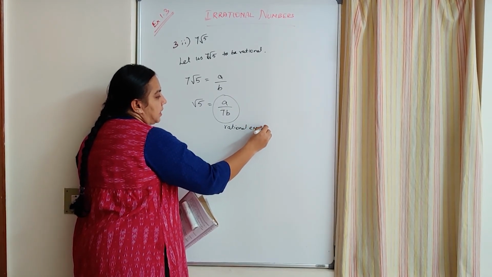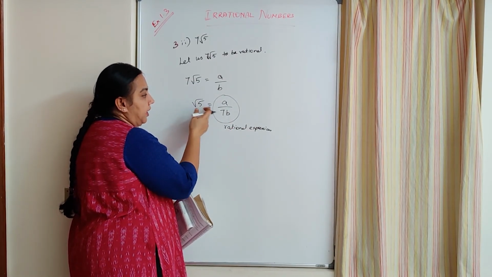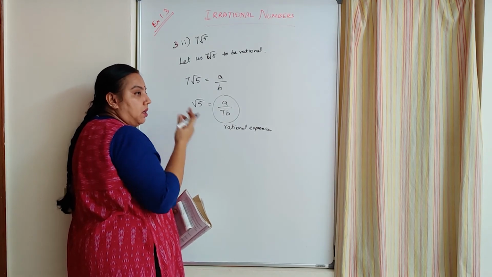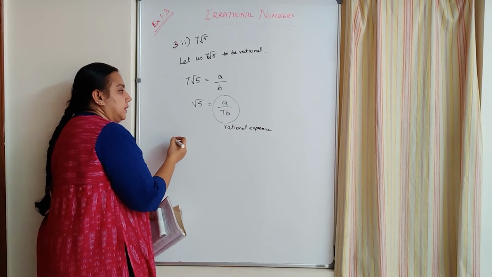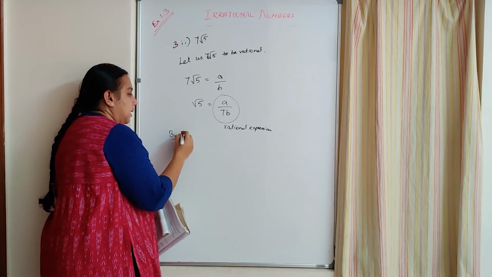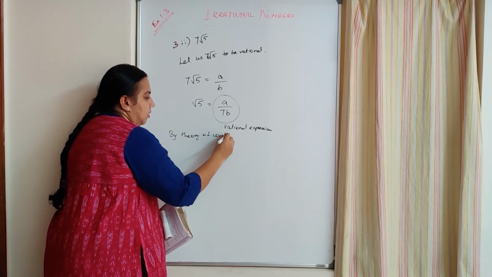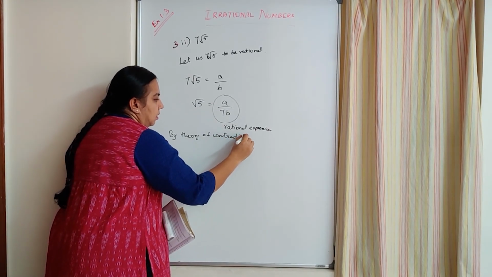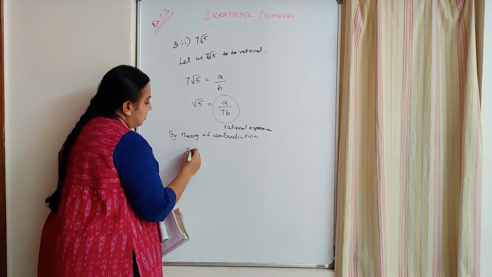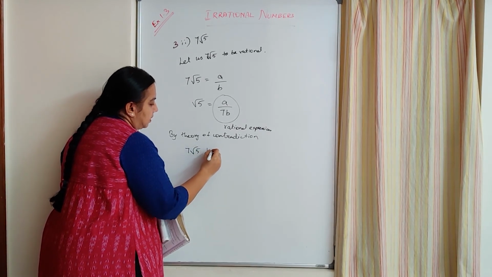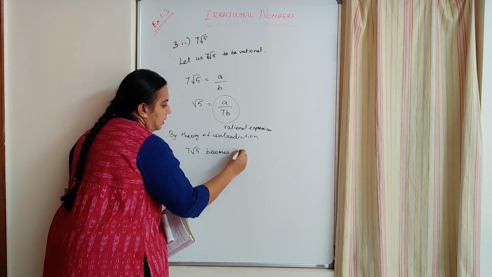Okay. So when this becomes a rational expression, this square root of 5 also becomes rational when we are equating it. But square root of 5 is not a rational number. We know that. We have proved it already. And because of that, we are saying that by theory of contradiction, this number 7 square root of 5 becomes irrational.